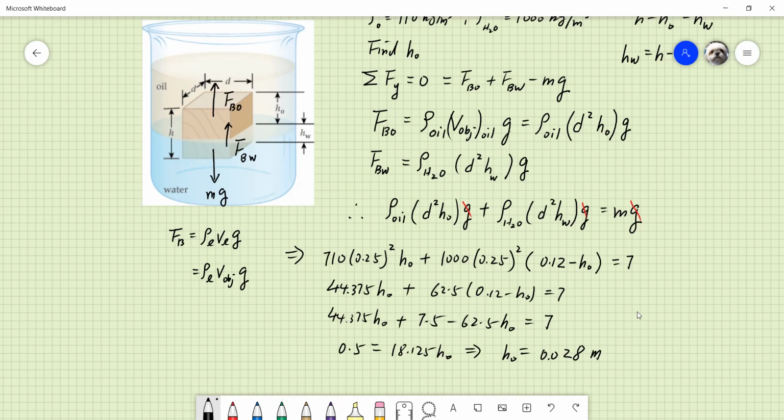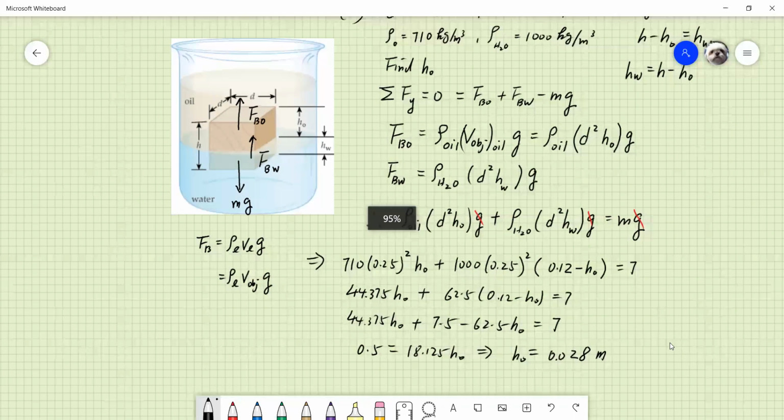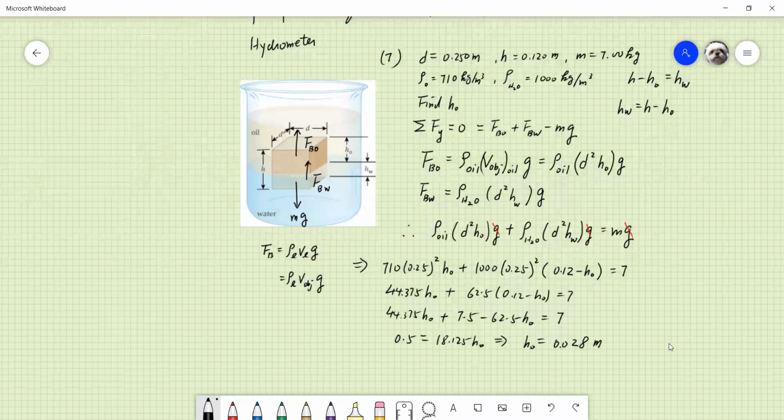So therefore, what is the water part? Well, you subtract this from the total. So the HW will be equal to H minus H oil, which is 0.12 minus 0.028, which will be 0.092 meter. Good.